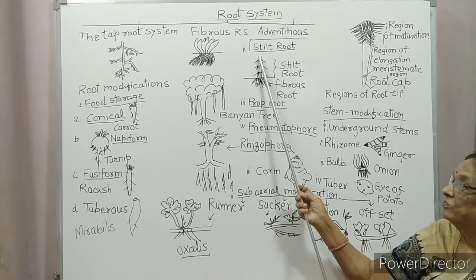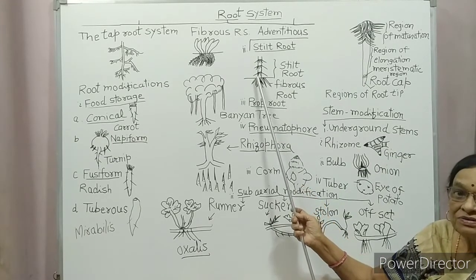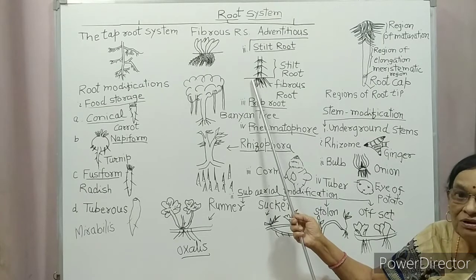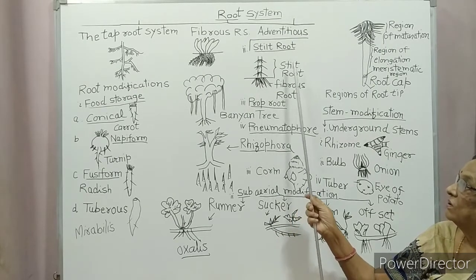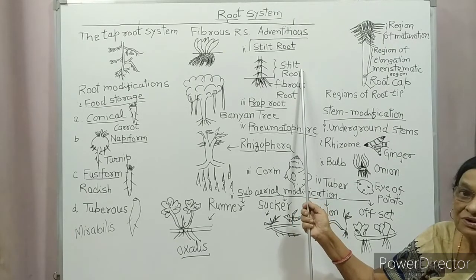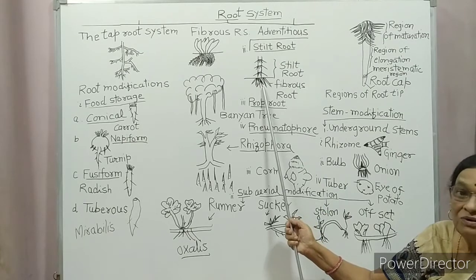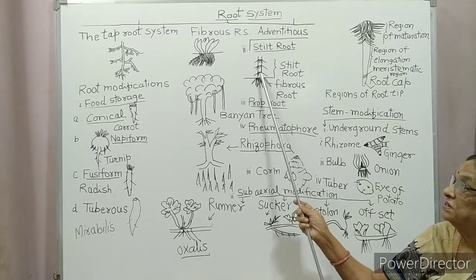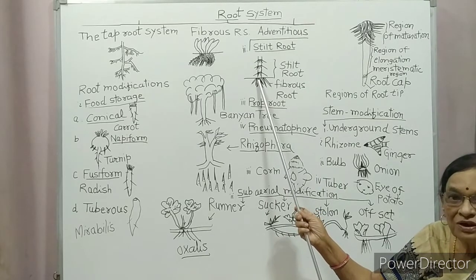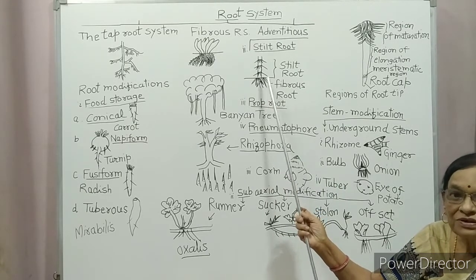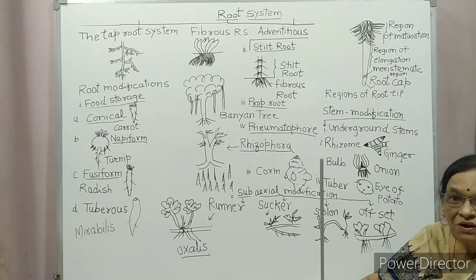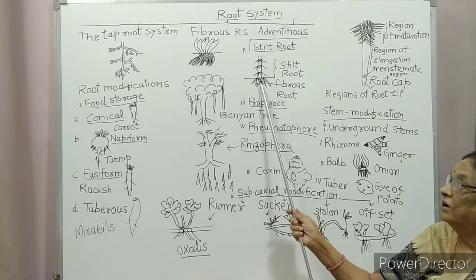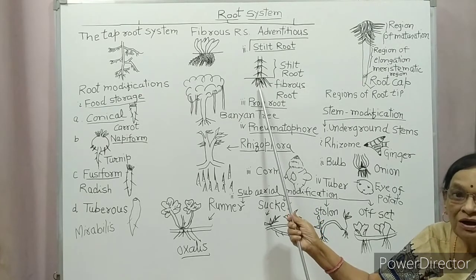Above the ground, the stem bears some obliquely grown roots called stilt roots, and underground are the fibrous roots. Because the stem of sugarcane or maize is thin and elongated, it cannot be supported by fibrous roots alone.